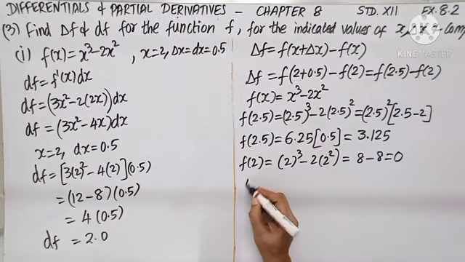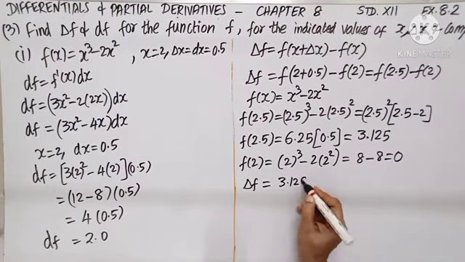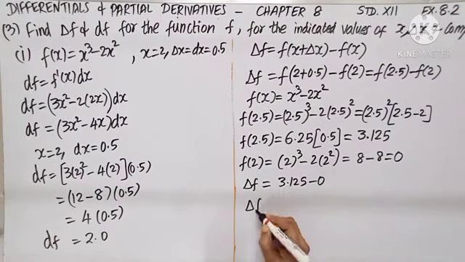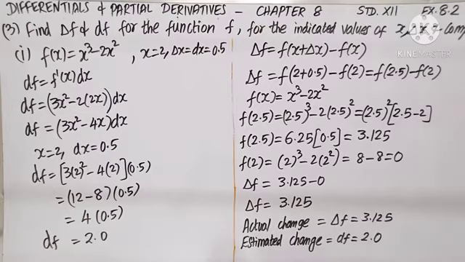My question is to find del f. Del f is 3.125 minus 0, or I get del f is 3.125. Therefore, actual change del f is 3.125 and estimated change df is 2.0.